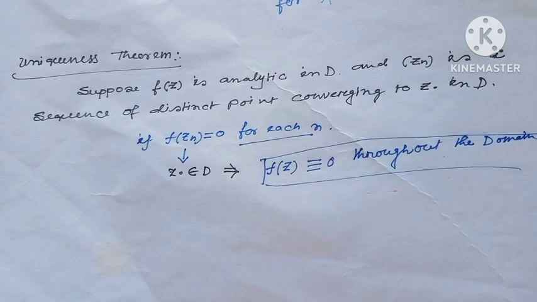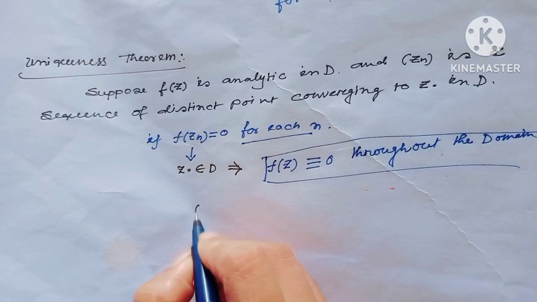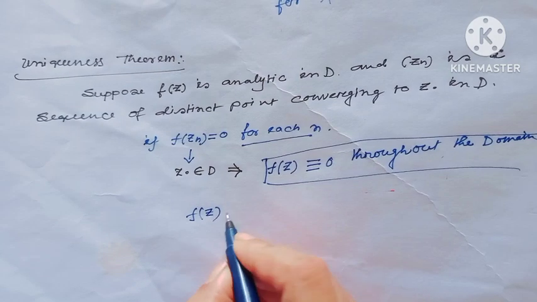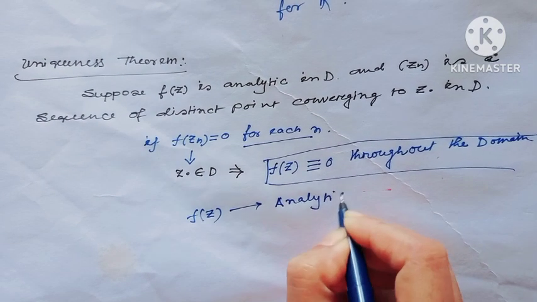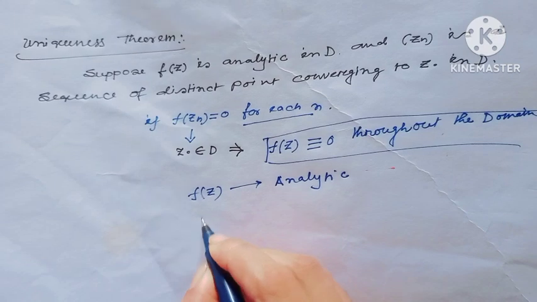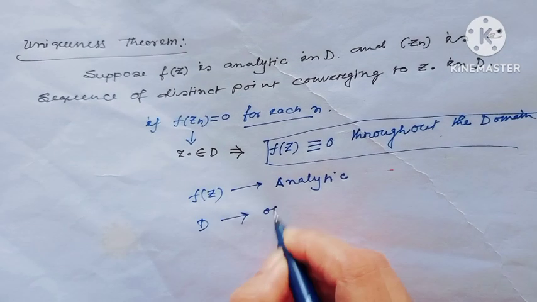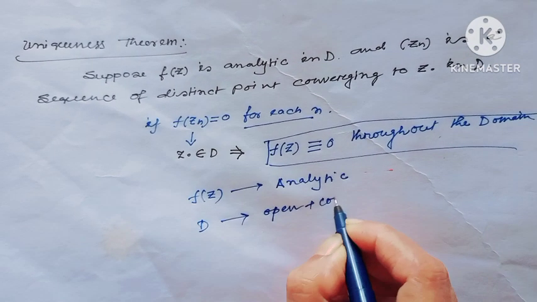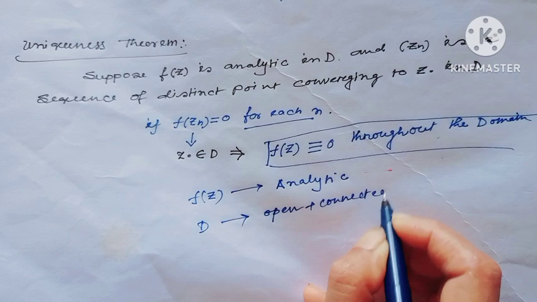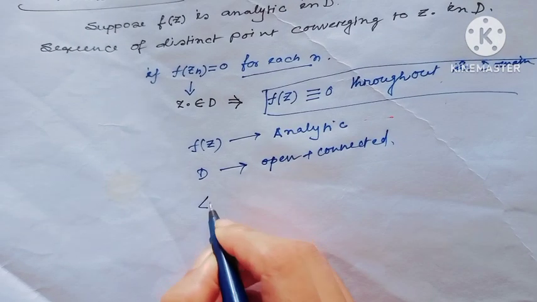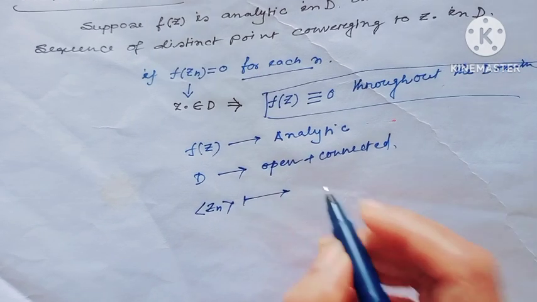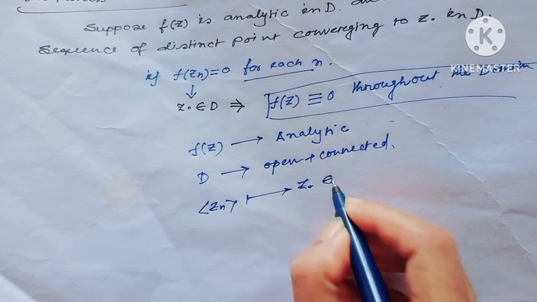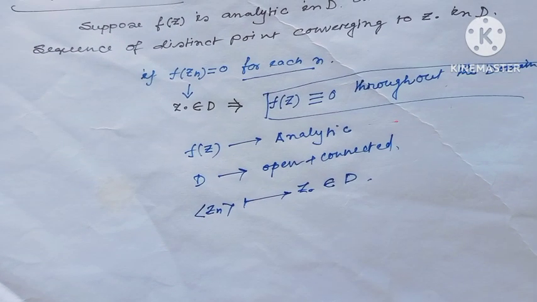That means the actual idea is, first, f(z) is analytic. Second, the domain is open and connected. Third, there exists a sequence z_n which is converging to z0, and obviously this z0 belongs to this domain.